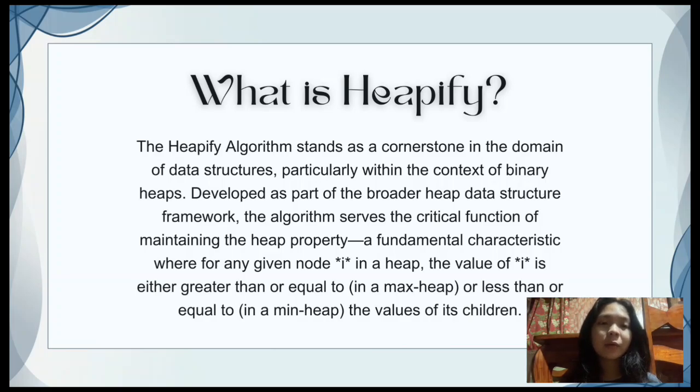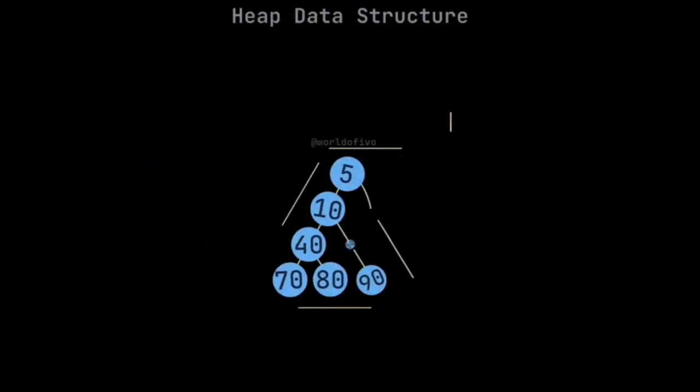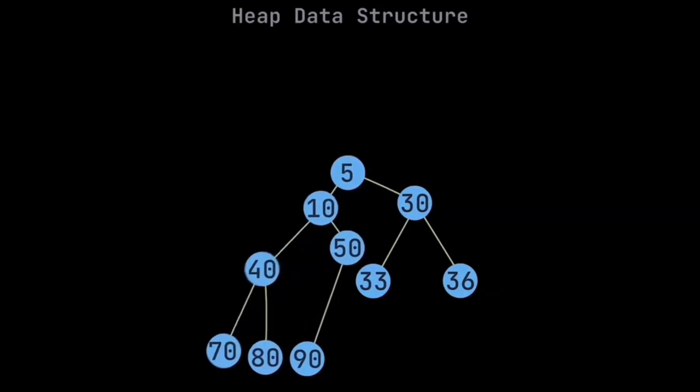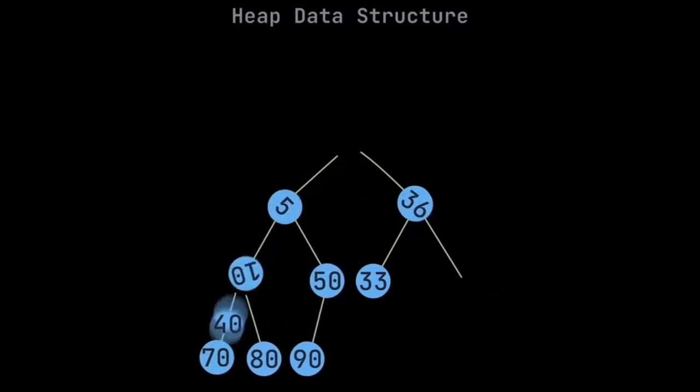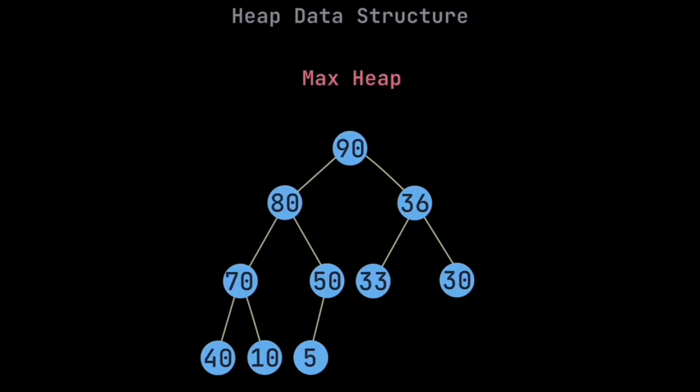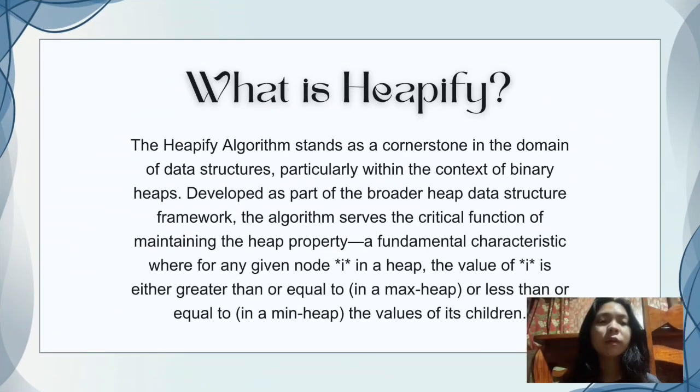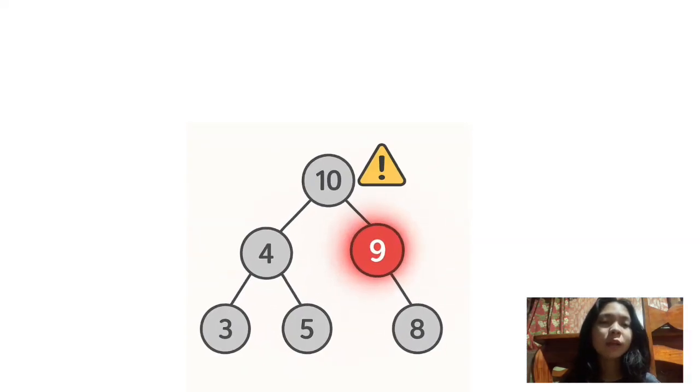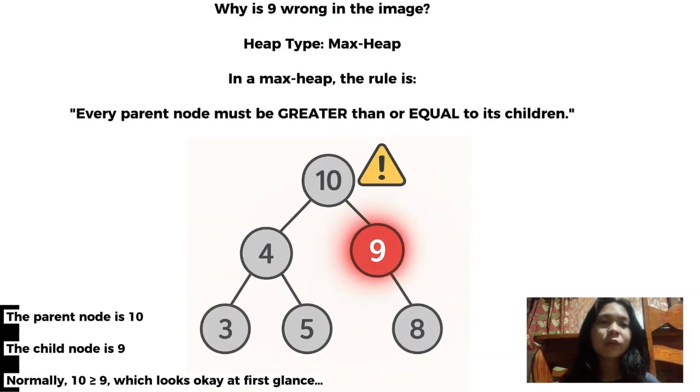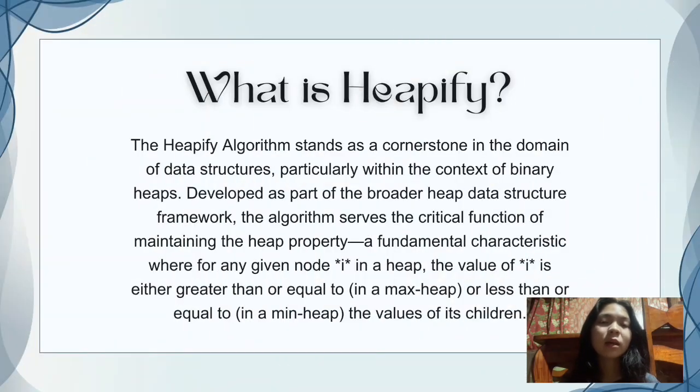In a max heap, the parent must always be larger than its children, while in a min heap, the parent must always be smaller. So whenever this rule is broken, such as after inserting a new value, deleting a node, or even modifying an element, the Heapify operation is used to restore the correct ordering.